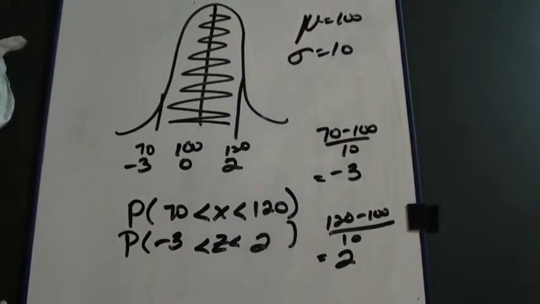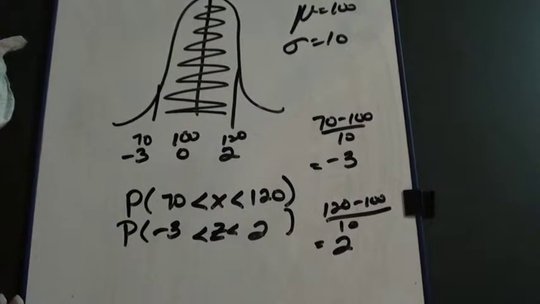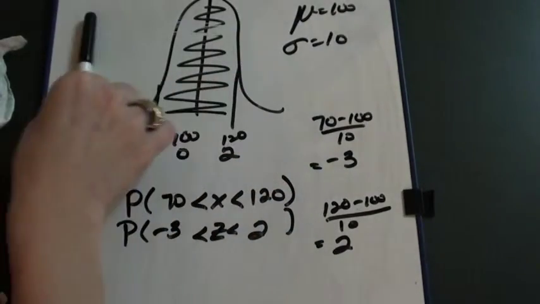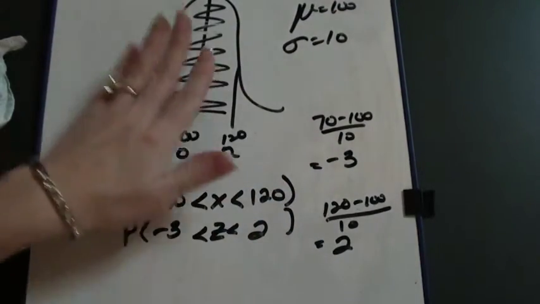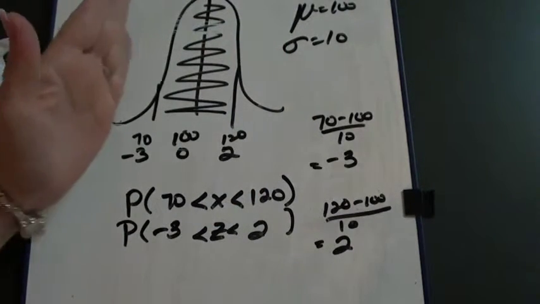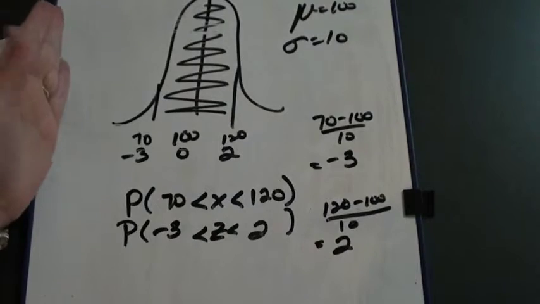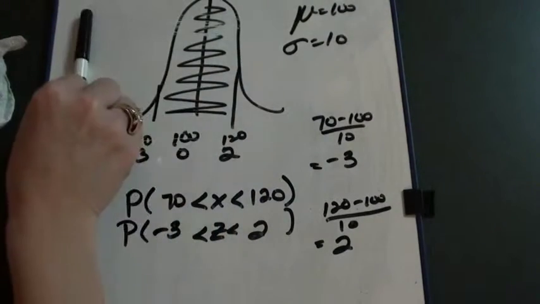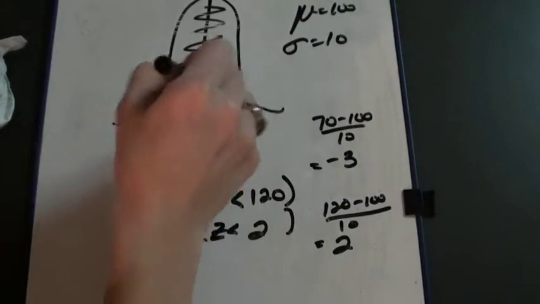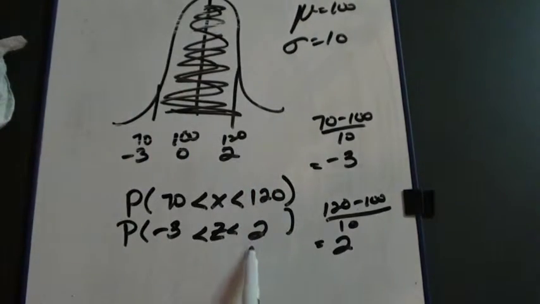Now to find the between, don't read these signs too literally, just think of it as between. If I find the probability of being less than 2, when I look up 2, that'll give me all of this area. Then I look up the probability of being less than negative 3, which will give me this little area. If I take this probability minus this probability, that will leave me the between. So I find those two probabilities and then subtract them.